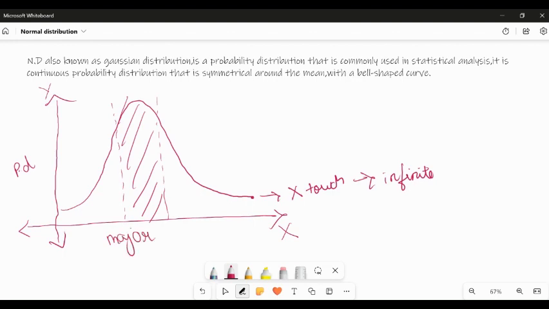You can give a very good example: the height of people. The major number of people's heights lie in this region. There are very few people whose height is quite small. If I'm speaking about adults, about 18 to 60 years old, and I take the data and plot the graph over here, I get the major number of people lying in this area only.